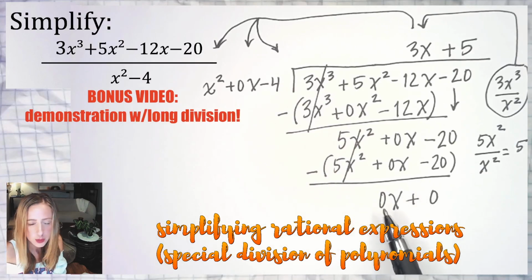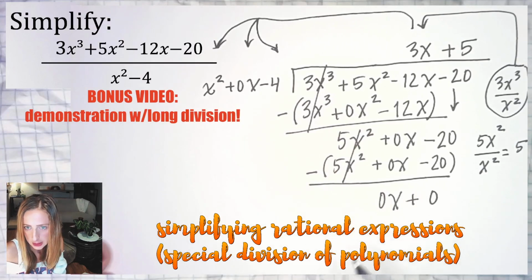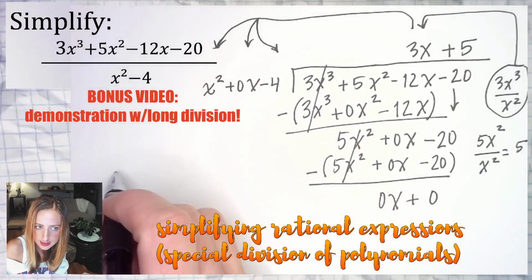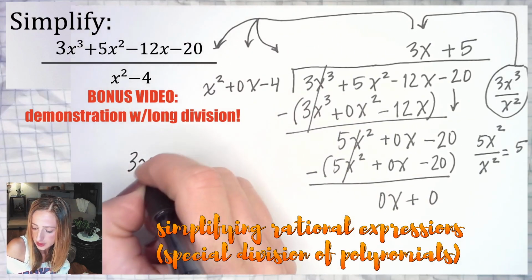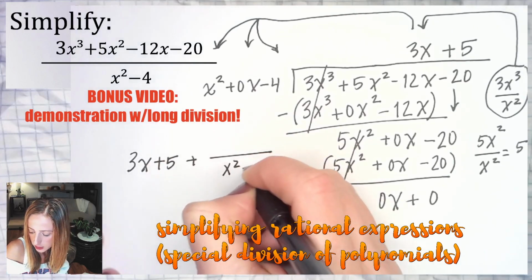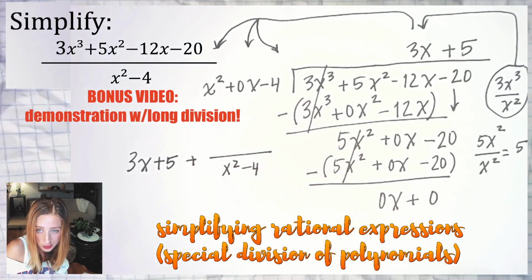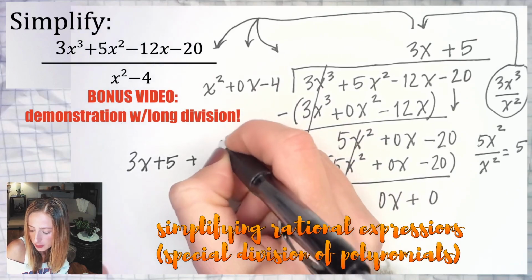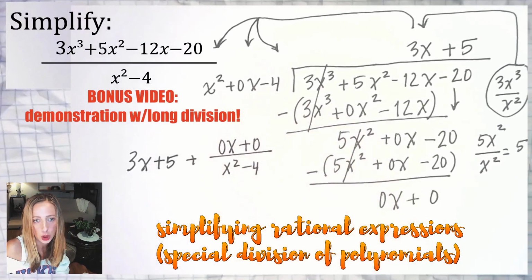Now, 0x plus 0 is 0. I don't have a remainder. In the event that I did, your answer would be written as 3x plus 5 plus the remainder divided by x squared minus 4. I'm probably not going to put the placeholder here. And then whatever your remainder is, 0x plus 0, would go above.